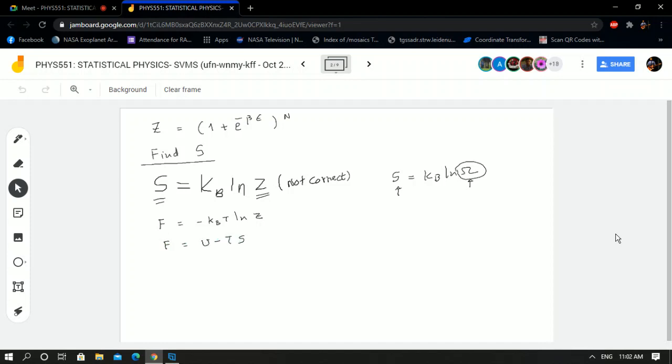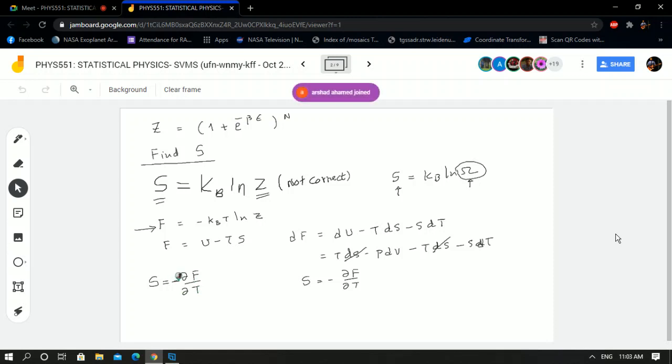That means dF is dU minus TdS minus SdT, but dU is TdS minus PdV, so the TdS cancels and you have entropy as minus the partial derivative of F with respect to T. So if you want to find S, you first find F and then obtain S as a negative partial derivative of F with respect to T. If you have a canonical partition function, finding S is a two-step process: first you find F, and then you find S.